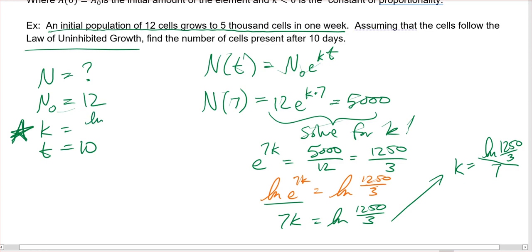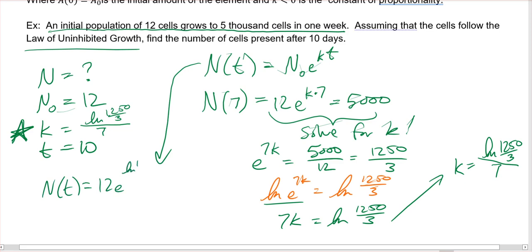Our formula becomes N of t equals what we start with, 12, times e to the number k, so that's natural log of 1250 over 3, over 7, times t.